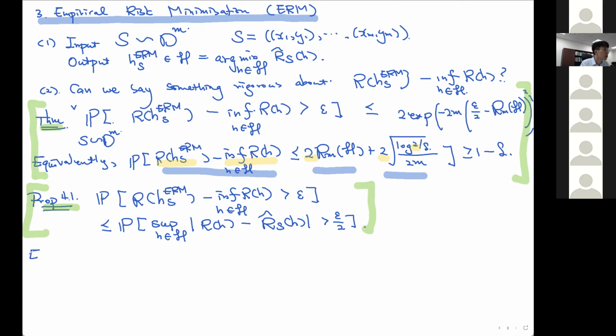The exercise is not so easy: prove the theorem using proposition 4.1 and this Rademacher complexity bound.